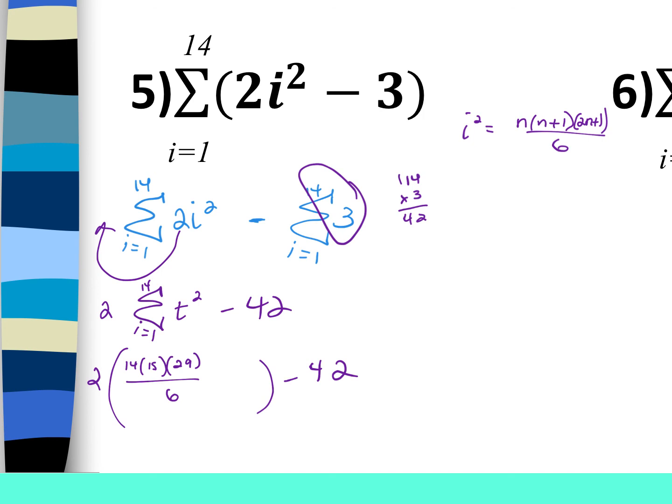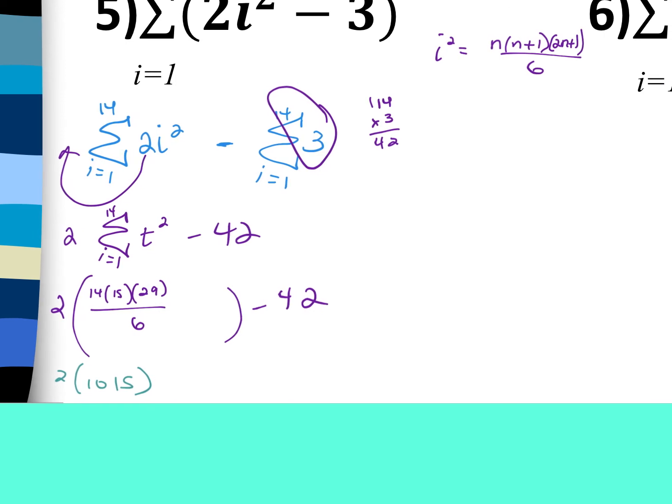I just did 14 times 15 times 29 divided by 6 and I get 1,015. For time purposes I just multiplied that out, but you could simplify however you want. That becomes 2,030. Then I bring down the minus 42, and I get 1988.